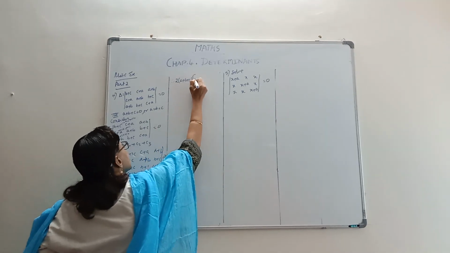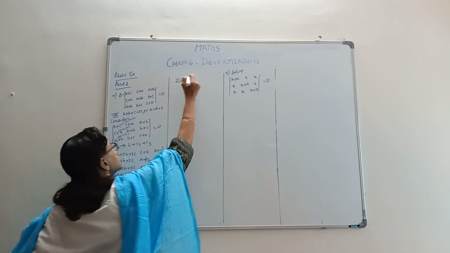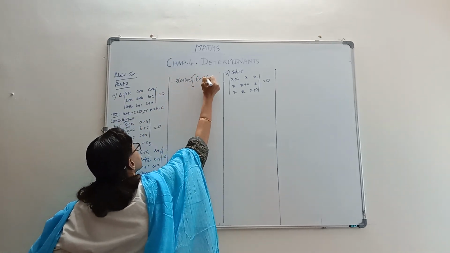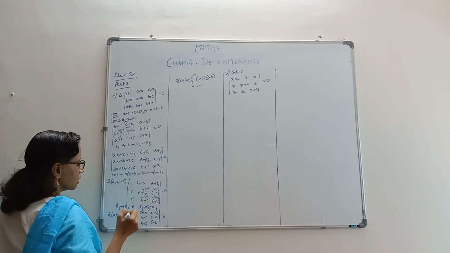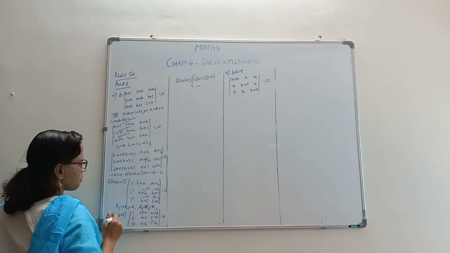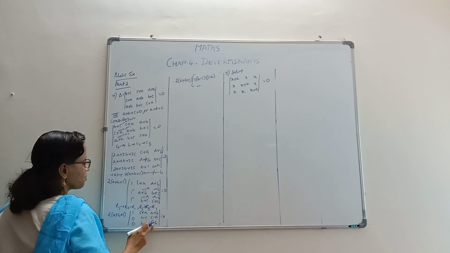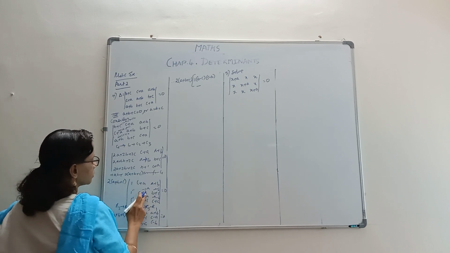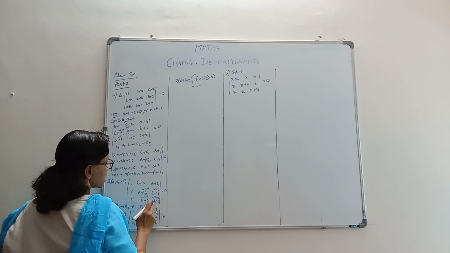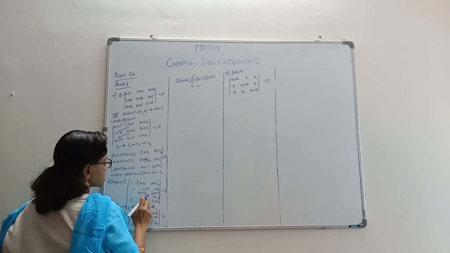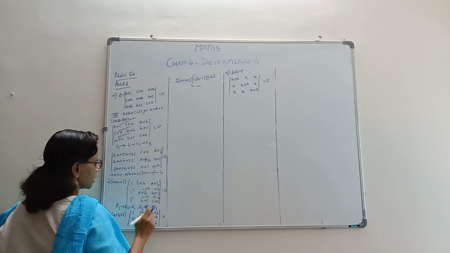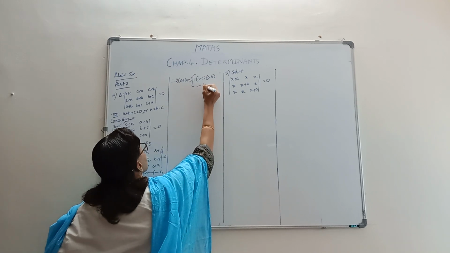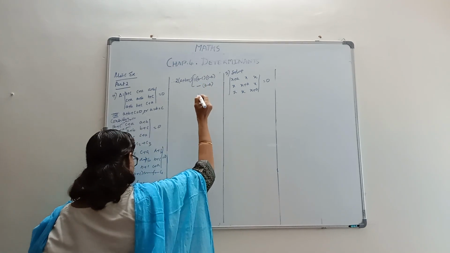So this will be 1 times b minus c into c minus b, minus b minus a into c minus a.